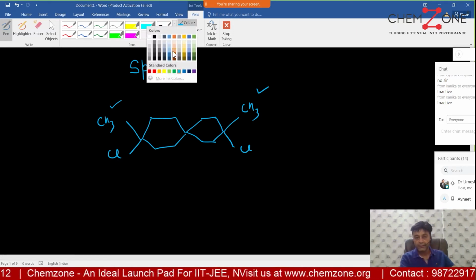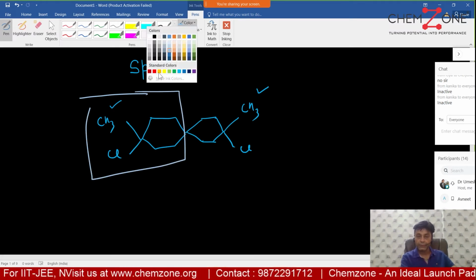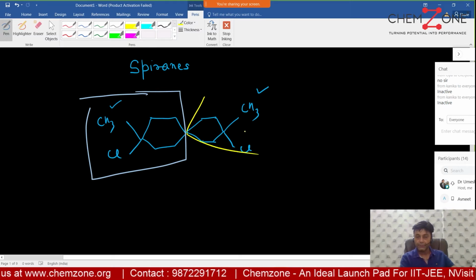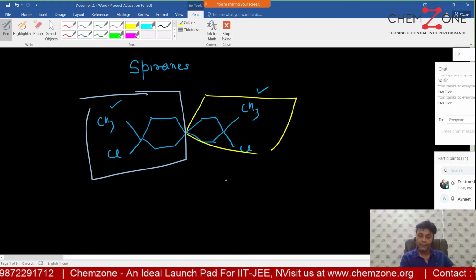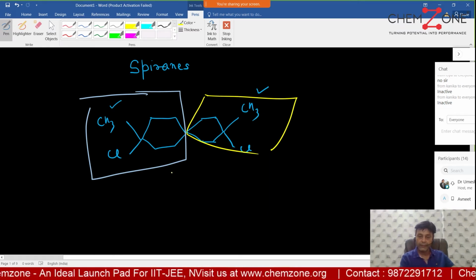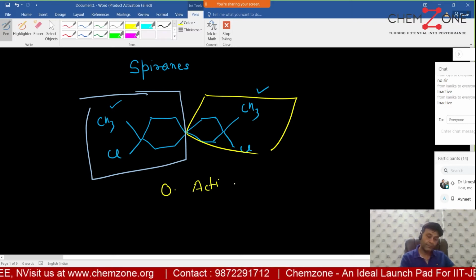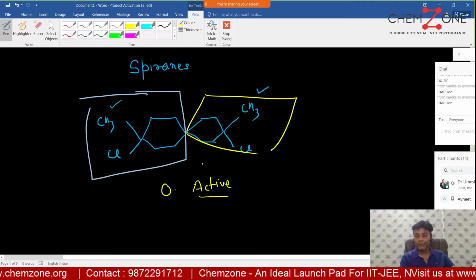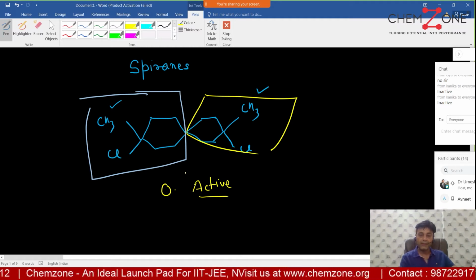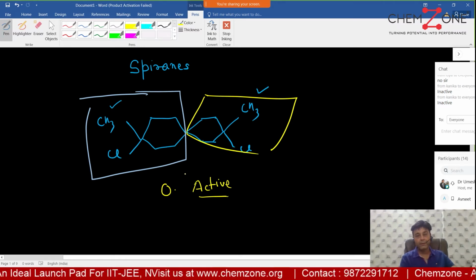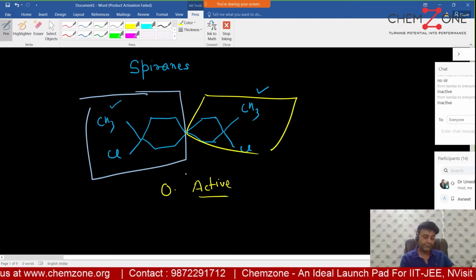The point is, this part of the molecule and the other part of the molecule, they are dissymmetric, they are perpendicular to each other. So if I make its mirror image, it will not superimpose, and it is optically active. Because these two parts of the molecule are perpendicular to each other. If it is perpendicular, it is dissymmetric, and the compound is optically active.